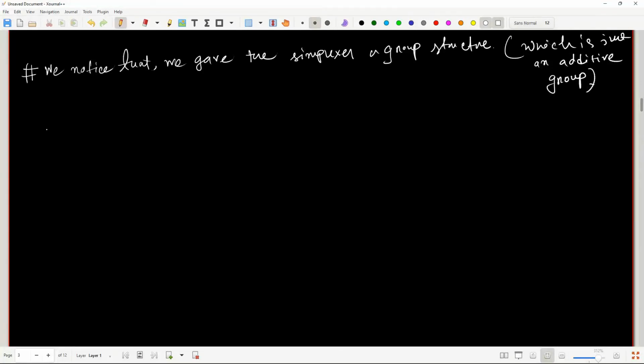And this is not very interesting. So what we'll do is that we will develop some more machinery or tools to find some interesting results. And with that in mind, we would now like to introduce the boundary operator.